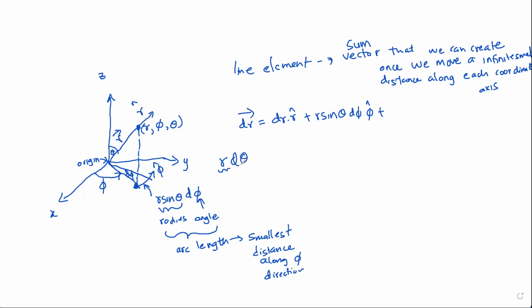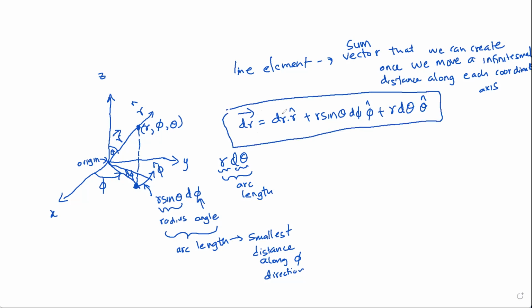So r is the radius, d theta is the angular increment. The total distance we call the arc length can be given as r d theta. So r d theta into theta hat gives the total distance that we can travel along the theta hat direction. So this expression gives us the line element of the spherical coordinate system.